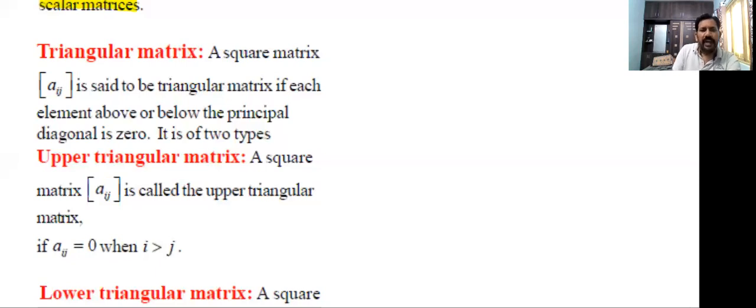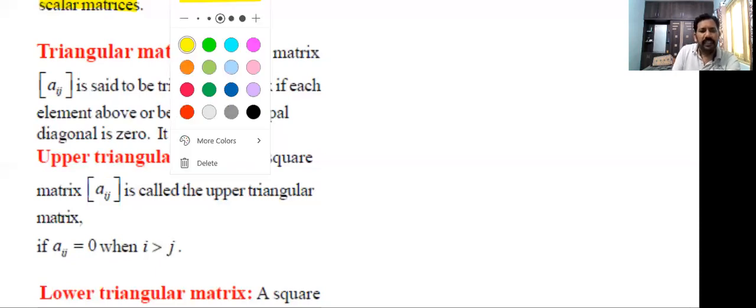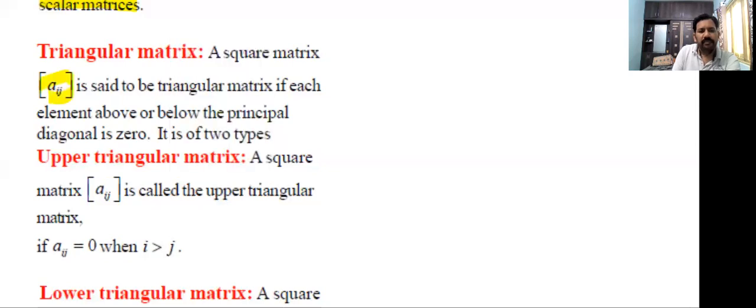A square matrix Aij is said to be a triangular matrix if each element above or below the principal diagonal is 0. It is of two types.